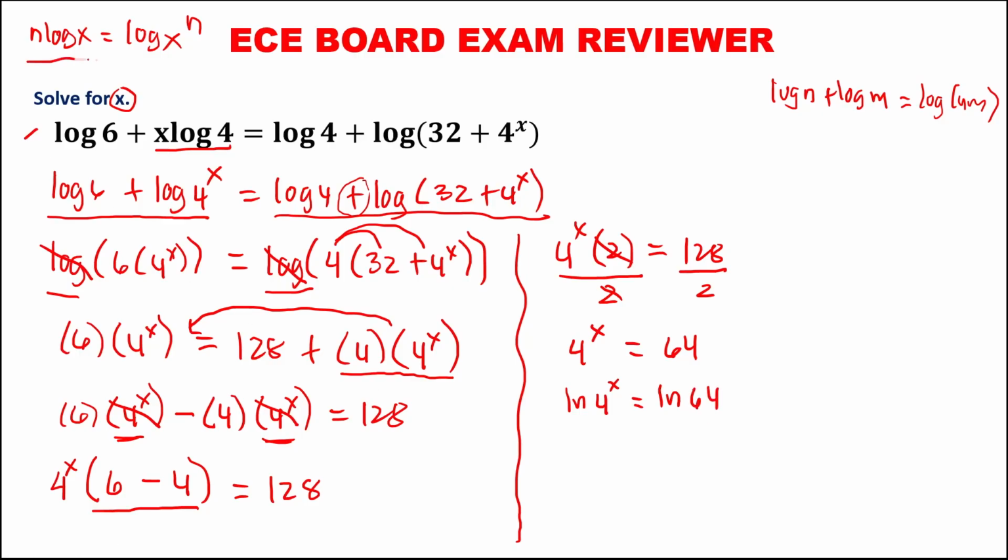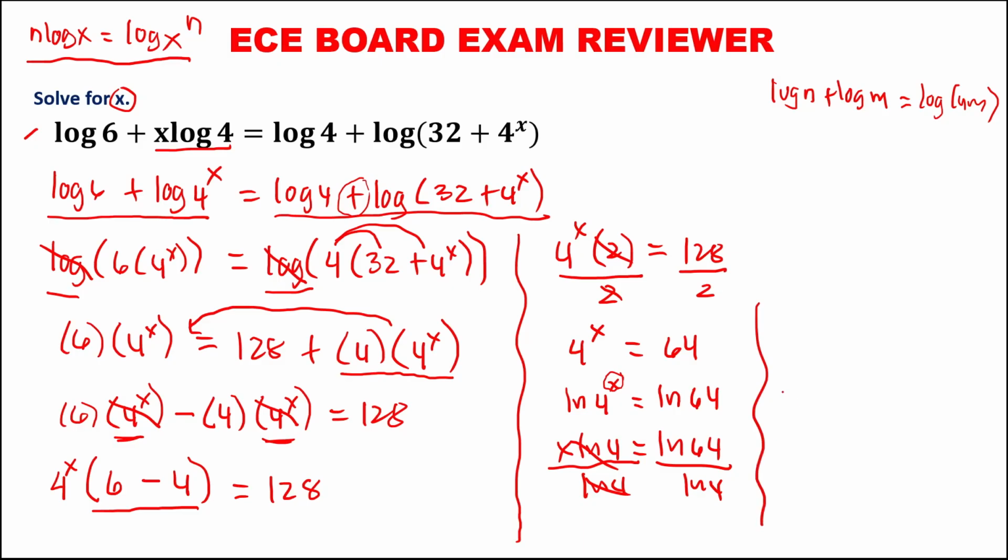Then again, using the power property of logarithm, we can put this exponent before the ln, so this becomes x times ln 4 equals ln 64. And again, to solve for x, divide both sides by ln 4.